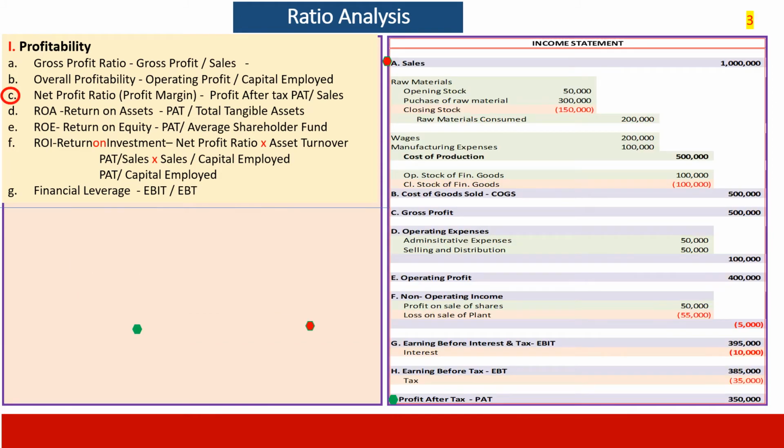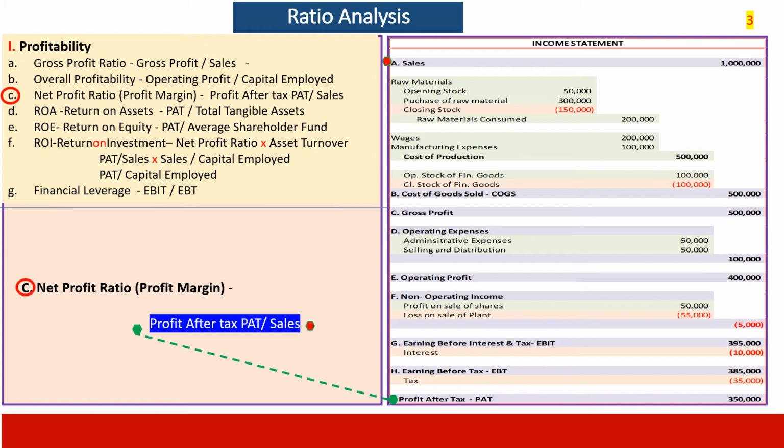Then comes net profit ratio, that is profit after tax, PAT, divided by sales. Where do we get profit after tax? From operating profit, we provide for non-operating income and expenses, we provide for interest, we provide for tax, and after everything the net result that we have is profit after tax, and it is divided by net sales.